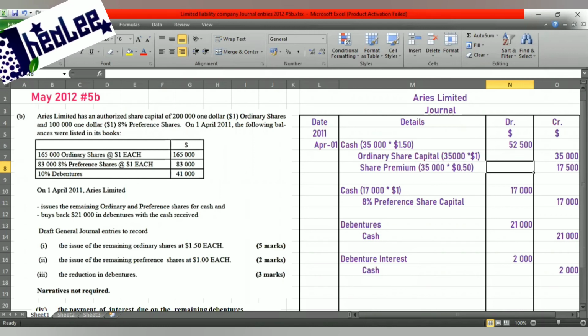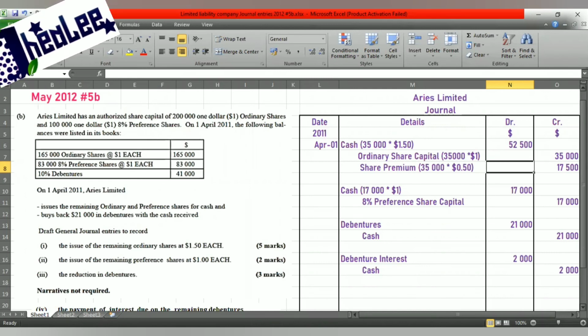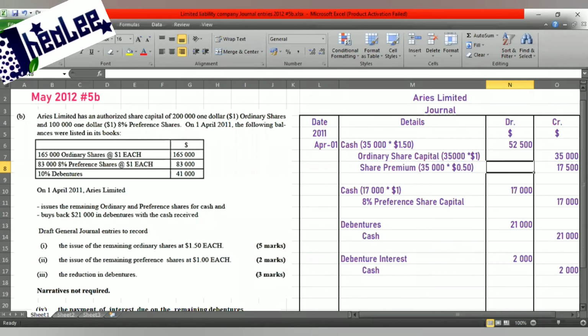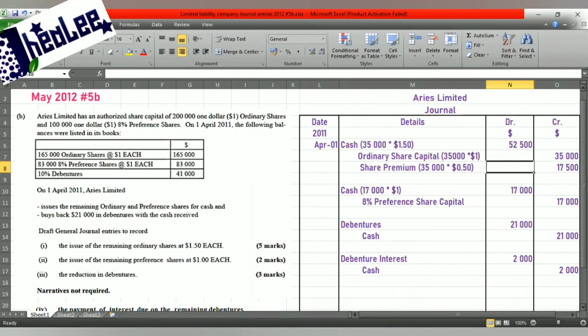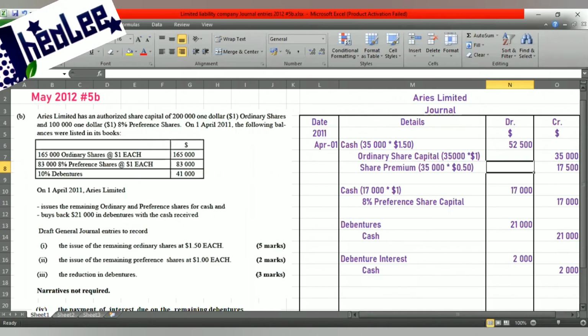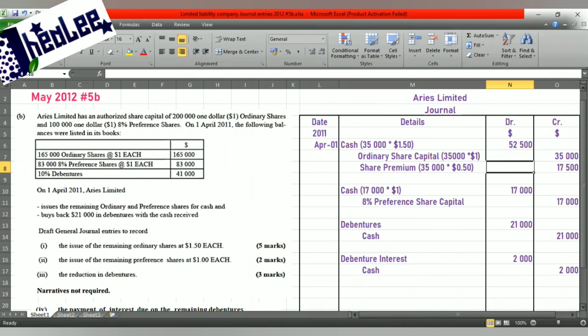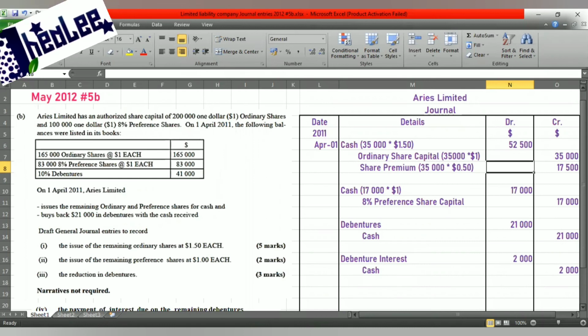We have also looked at the redemption of debentures, which is the reduction in debentures, meaning you're paying back what was borrowed. You're reducing the loan. There's a reduction in liability in that case. So therefore, you debit your debentures and credit your cash or bank, whatever method is used to make the payment. The next thing that we looked at was the payment of debenture interest.